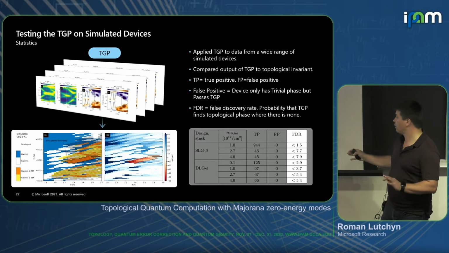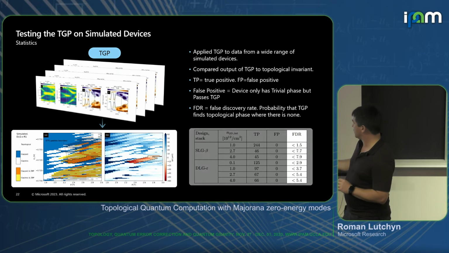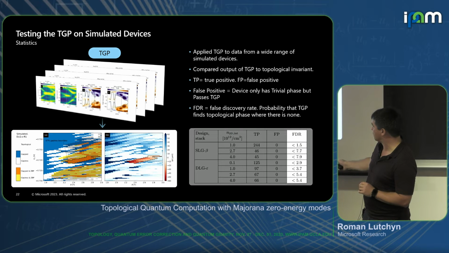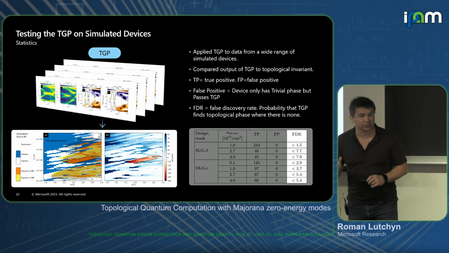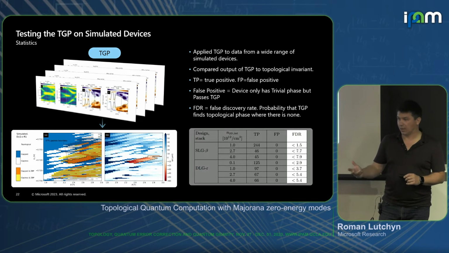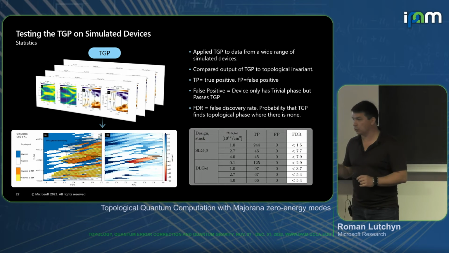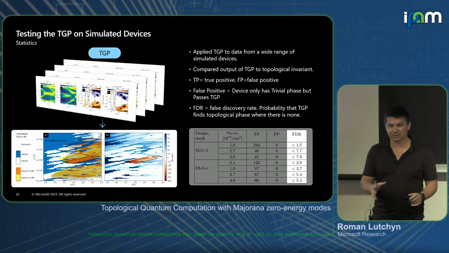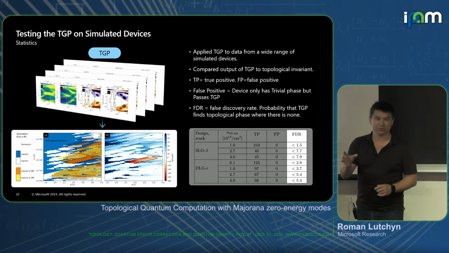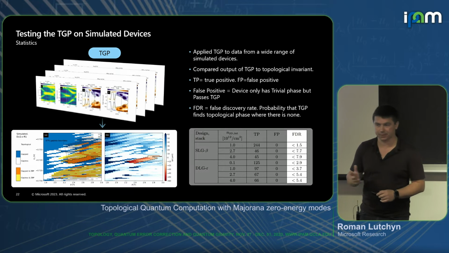The point is, for typical disorder strengths, which are somewhere between 1 and 2 in our devices, you see that the false discovery rate is below 10%. And that's what we wanted in order to have a robust protocol that we can rely on to tune our devices on demand to the topological phase and then use them for subsequent measurements. Okay?